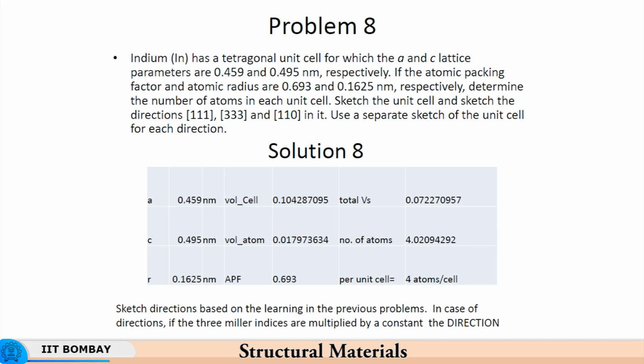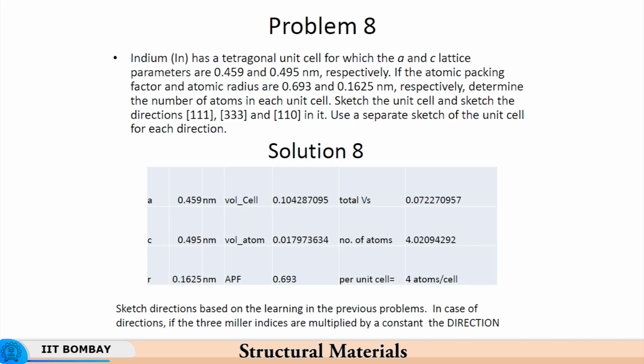So the volume of one atom is so much, and therefore the volume of atoms per unit cell is given by that, and so the total volume is that, and the number of atoms therefore is 4 atoms.